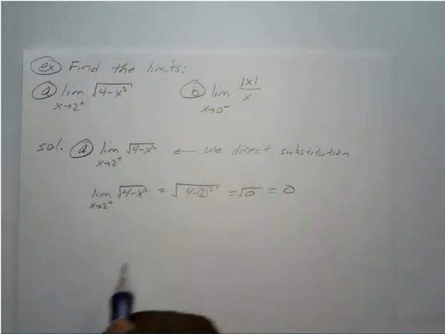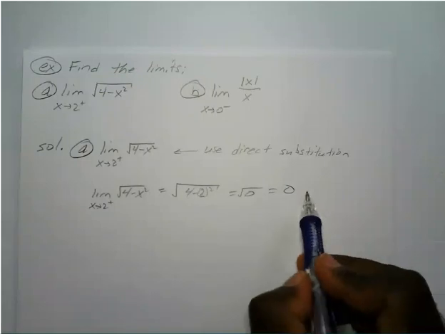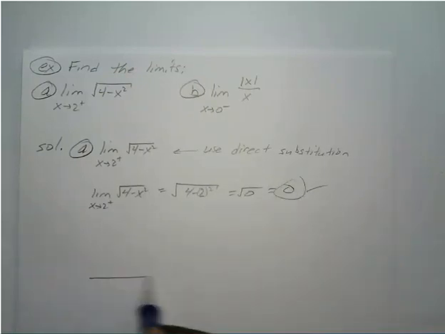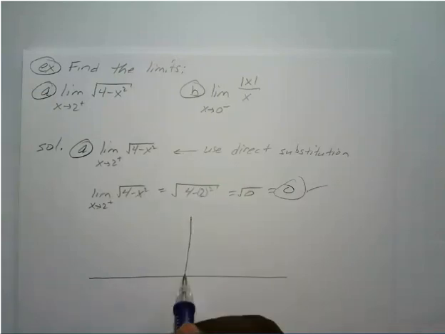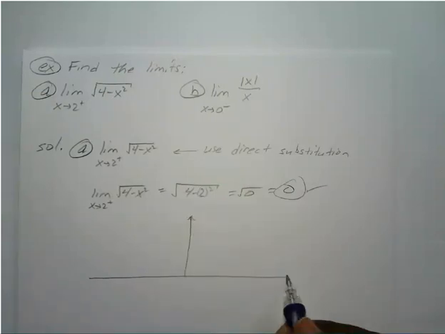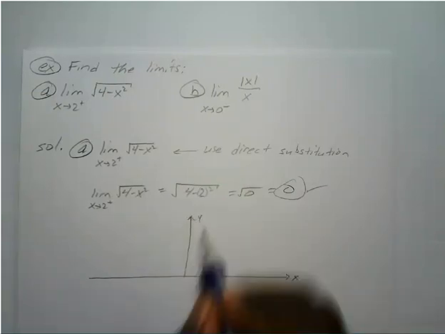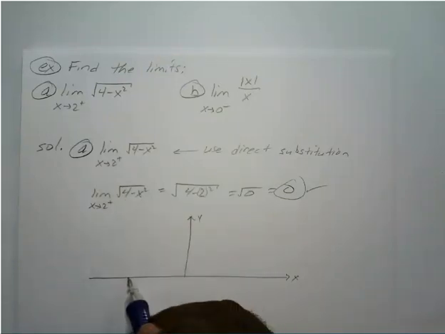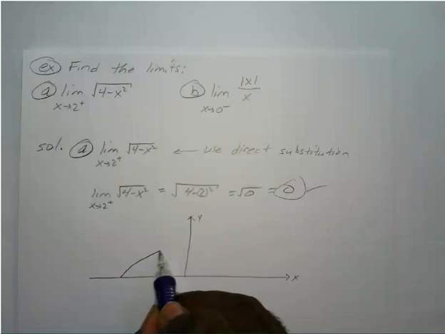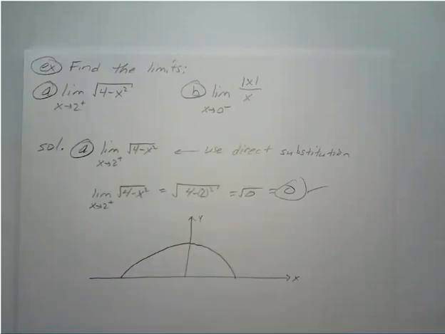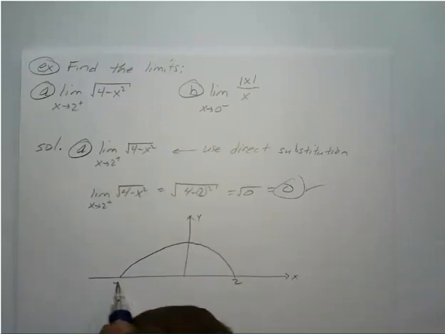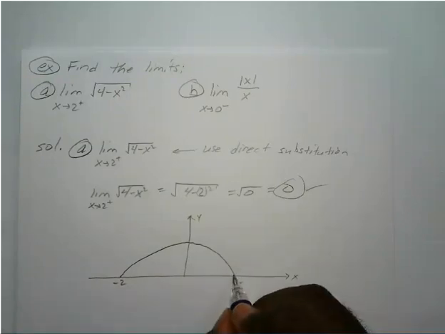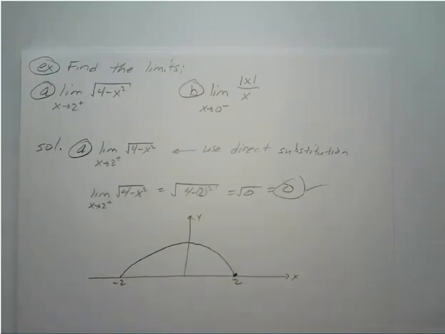Okay, so if we were to look at that as far as a graph, that's just your actual answer here, just 0. We will look at the actual graph of that problem. You have your x and y-axis. The square root of 4 minus x squared looks something like this, where it goes from negative 2 to 2.